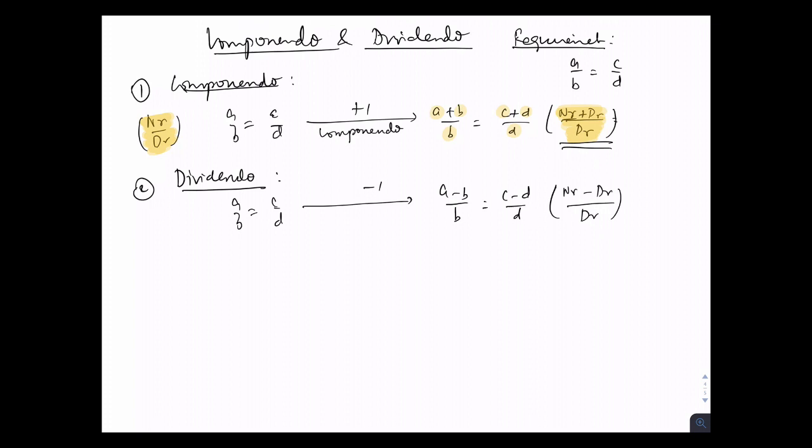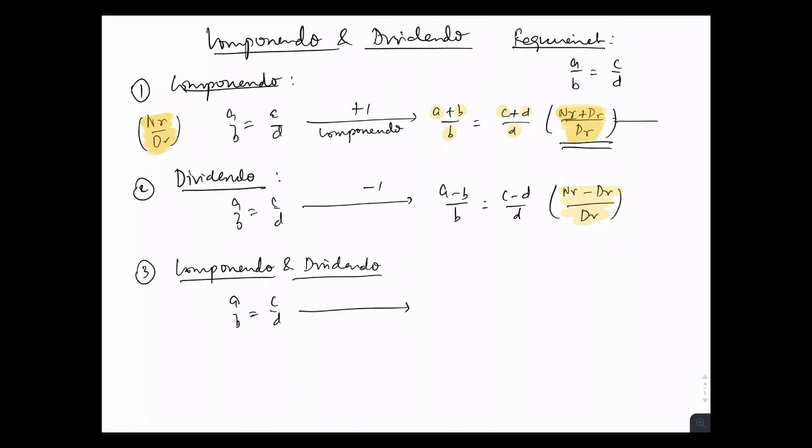Let's see the next operation, which is called componendo and dividendo. What exactly is componendo and dividendo? If you have two equal ratios in the form of numerator by denominator, first carry out componendo, then carry out dividendo, and combine these two.